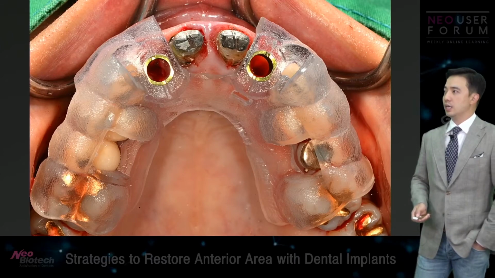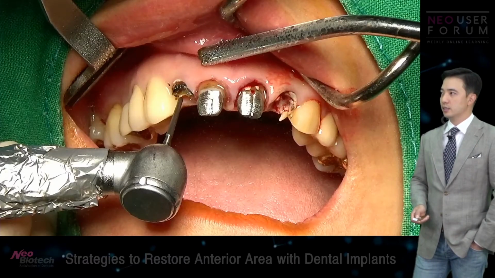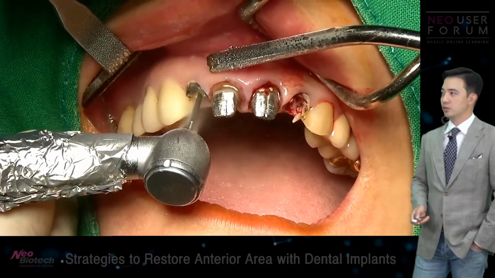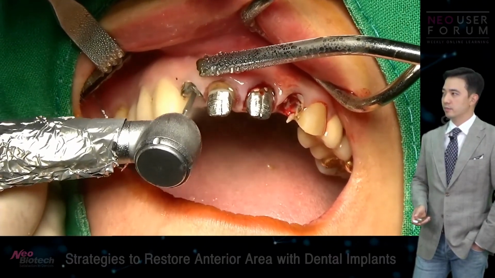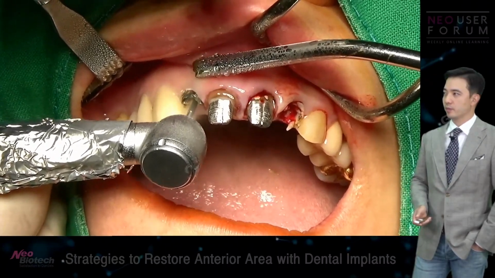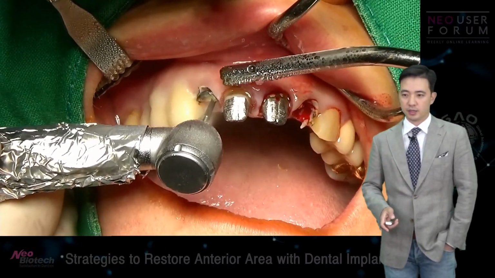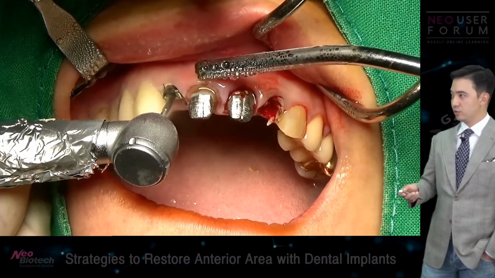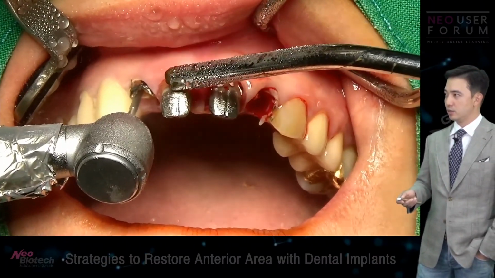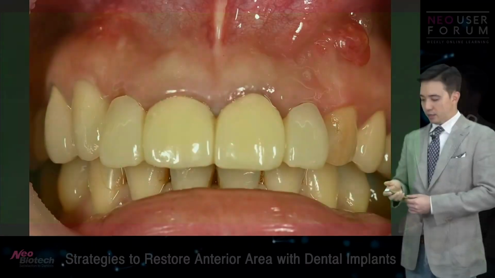So I also did guided surgery for this case. This is a short video of how I did it with the socket shield technique. So I think I showed you this last time. I'm just going to skip this.